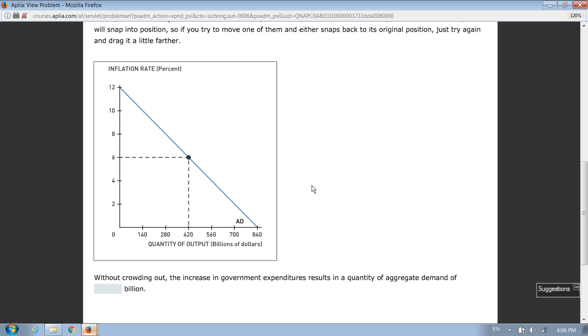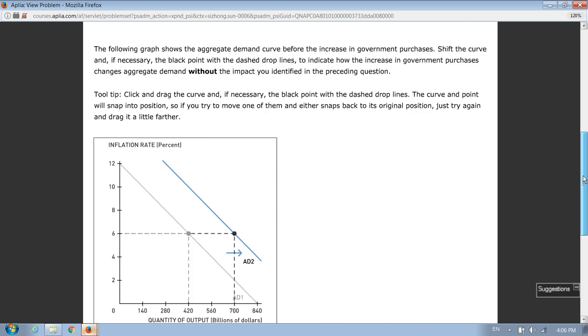So G increases, aggregate demand increases, so this aggregate demand curve shifts to the right at every price level. Here, we know that the inflation rate is at 6%. So we can read from the graph that the aggregate demand will be $700 billion. Alright, this is all about tutorial 11.